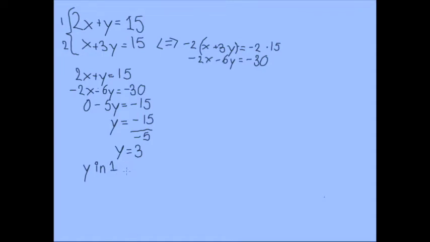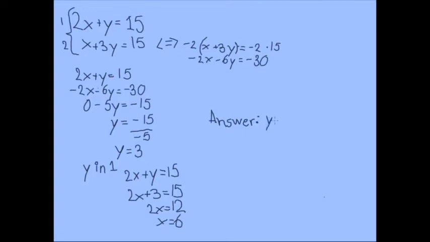This time we put it in the first. x equals 6. Now we know how to solve a system of equations by the elimination method. The answers are x equals 6 and y equals 3.